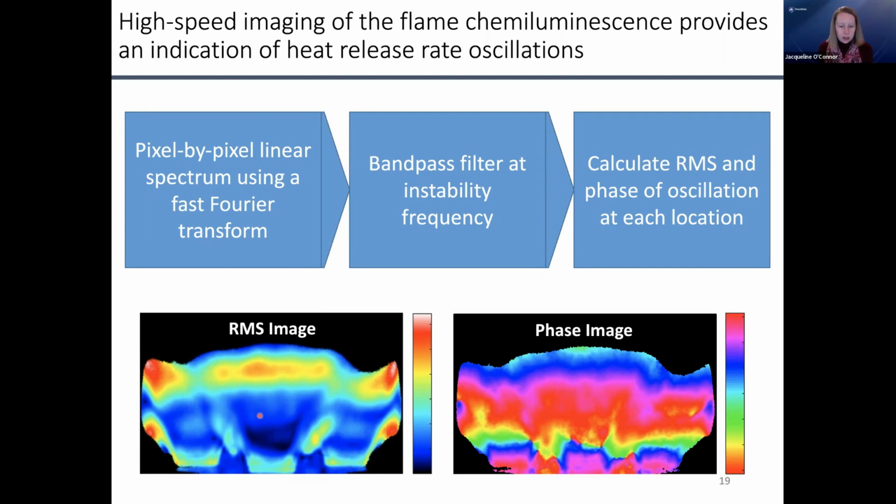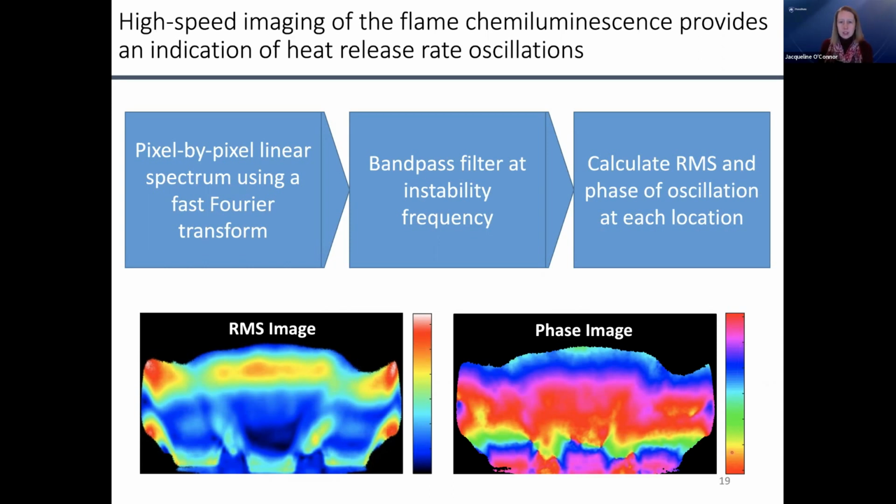So this is what an RMS image looks like. You can see that high levels of oscillation are at the base of the flames, here where the flame's running into the wall. So it sort of quenches really quickly. So you get a high RMS level. And then at the top where you have this pulsing, and so the flame height is changing a lot in this region, which is why you get high RMS levels. This is the phase.